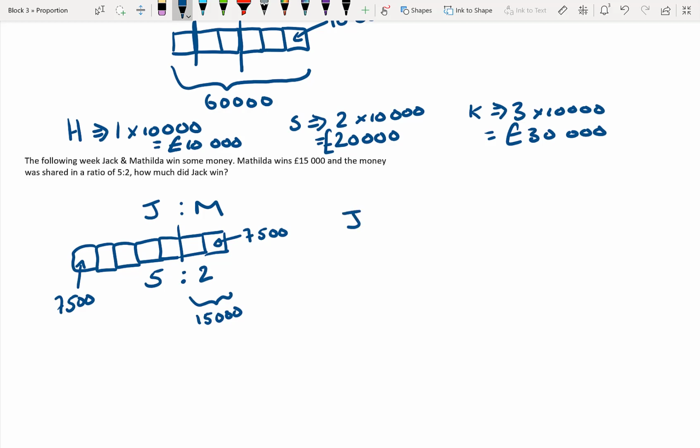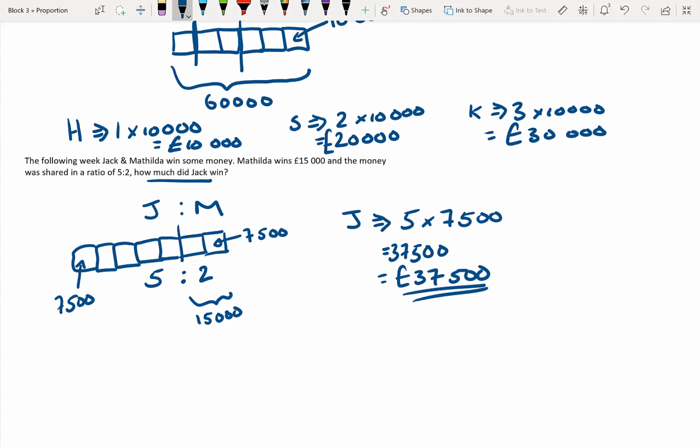What I actually wanted this time is I wanted to know how much did Jack win. So how much did Jack have? Well, he has 5 of these 7,500. So 5 times 0, 0, 5 zeros, 0, 5, carry 2, so he gets £37,500. So remembering to write our units keeps us right.